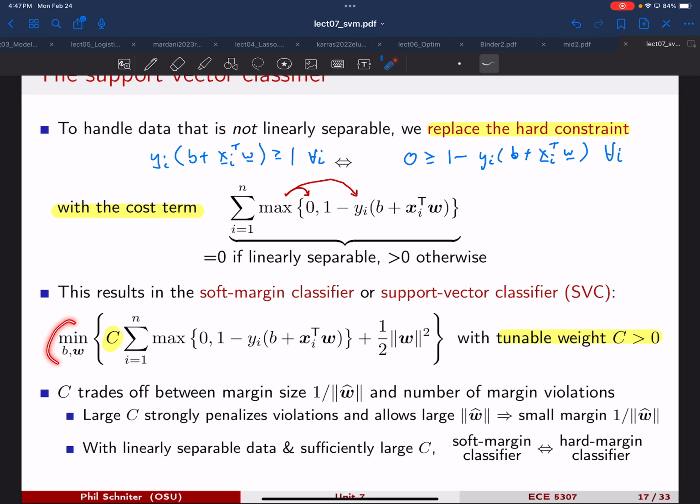Basically, when we minimize the sum of them, the value of C will tell us how much emphasis to place on the first one compared to the second one. So if C is really large, that means that this thing is really important, and this term is not as important. Meanwhile, if C is really small, it means that this term is important, and this term is not that important, right? Because it's going to be minimizing the sum.